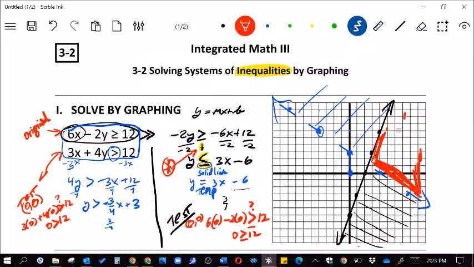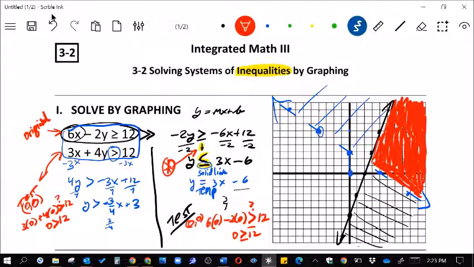Okay, a little bit better now. Oh, it went away. This might be as best as I can do because it's not cooperating really well. Okay, so this is the area where all the possible answers are.